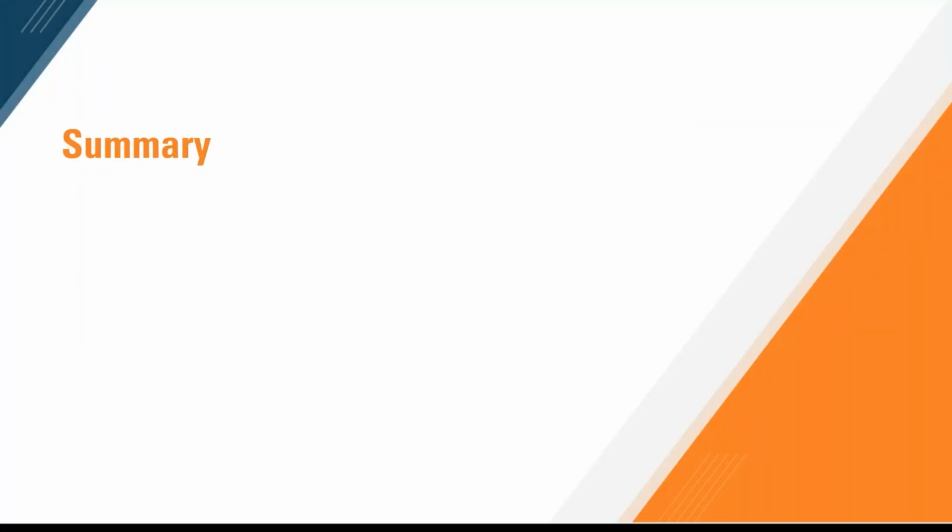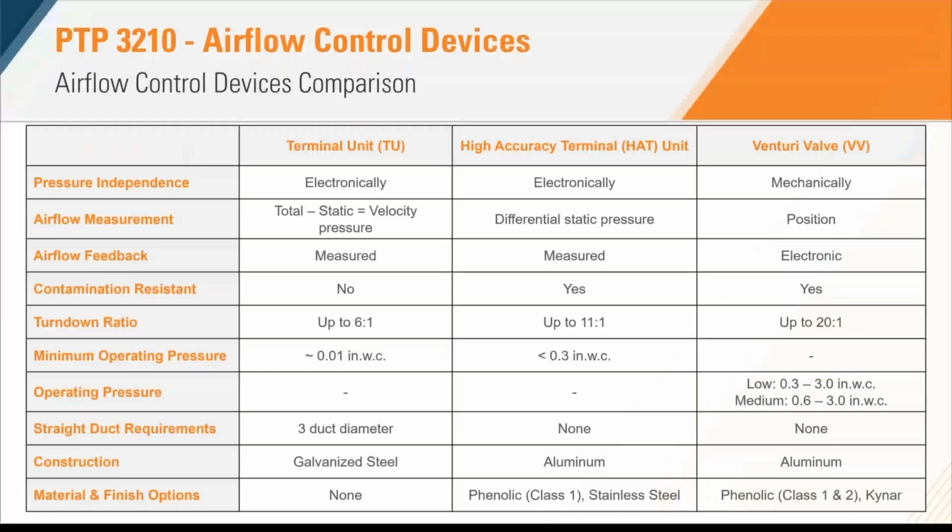So to summarize this presentation, we spent a lot of time comparing the terminal unit, high accuracy terminal unit, and Venturi valve technologies. We discussed how both the terminal unit and high accuracy terminal unit are electronically pressure independent. They require that controller actuator to operate in a pressure independent fashion.